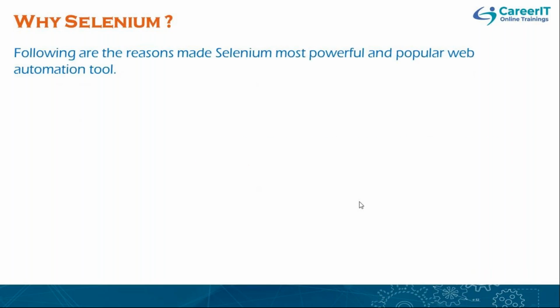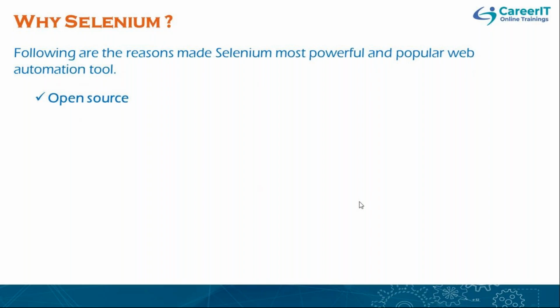Let's try to understand why we need to go for Selenium. Though there are a number of tools available in the market, what are the factors that made Selenium more popular or powerful, guys? One thing is Selenium is an open source tool. That is, the source code of Selenium is open to all. Anyone can go and download the Selenium library and use it as part of their automation.